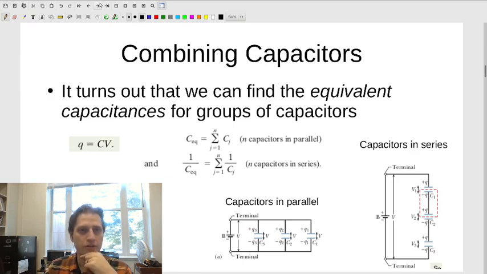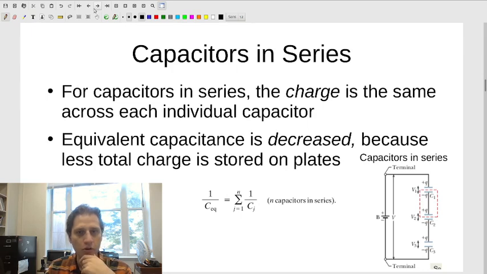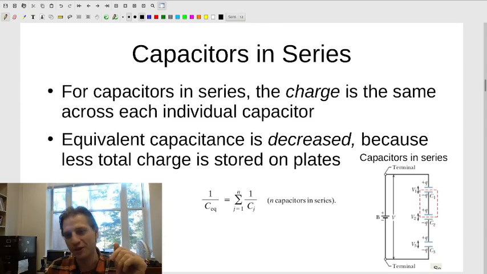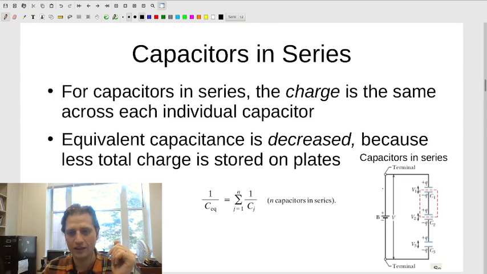Today I'm not going to rederive those, but I do want to show how to use them. So let's review. For capacitors in series, if we start out uncharged, and some of you who have done the lab already know that this is the sort of thing where you do have to make sure that your capacitors start out uncharged, or you can get all sorts of interesting and screwy results.